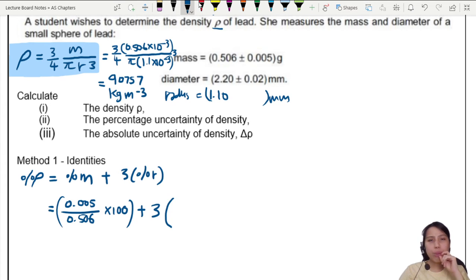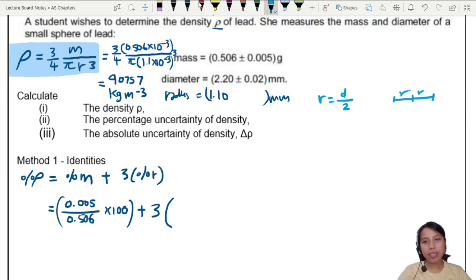If you look back at what we wrote just now, radius is divided by half, right? Radius is d over 2. Hey, that's like a multiple measurement. Multiple radius make up a diameter. Radius plus radius. This whole thing is diameter. So you can also divide the uncertainty by 2. 0.01. But actually, if you double check the percentage uncertainty, they are the same.